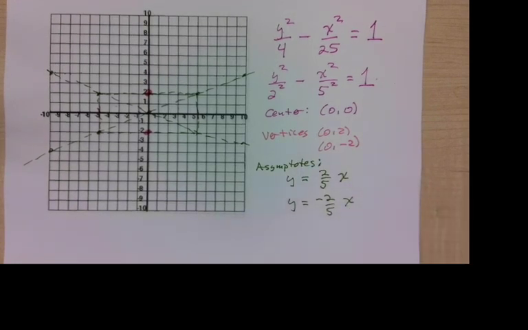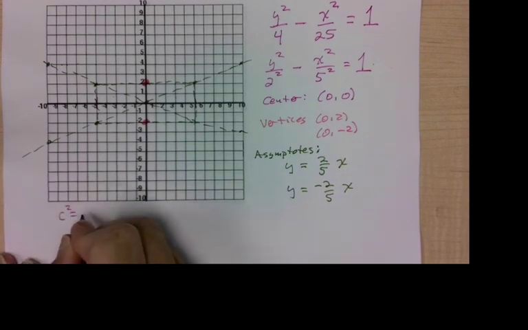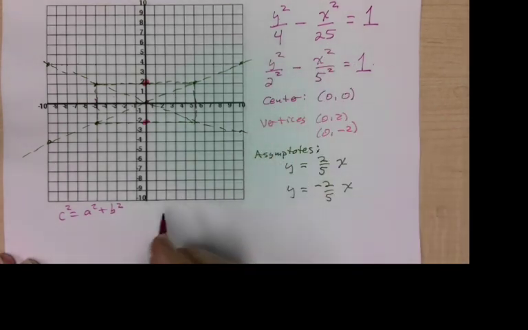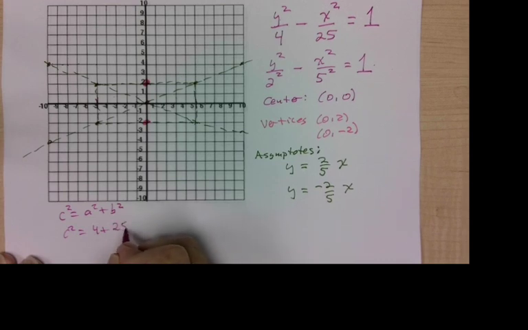And I also like to get the two focuses, the foci. So we need to remember our rule there, which will be that c squared equals a squared plus b squared. So my numbers here are 4 and 25, so c squared is 4 plus 25, which is 29. So c is the square root of 29.